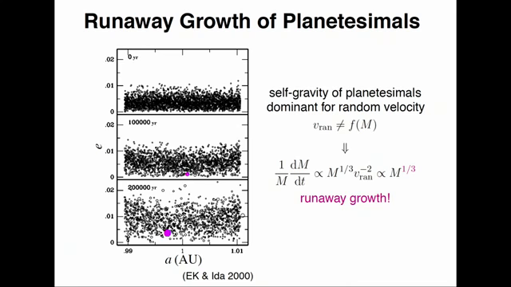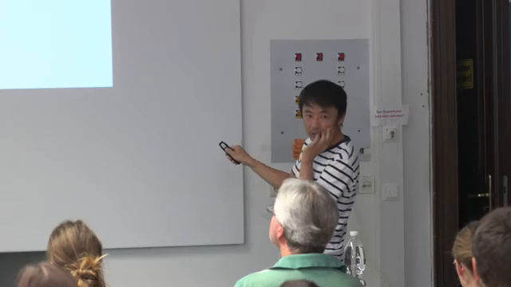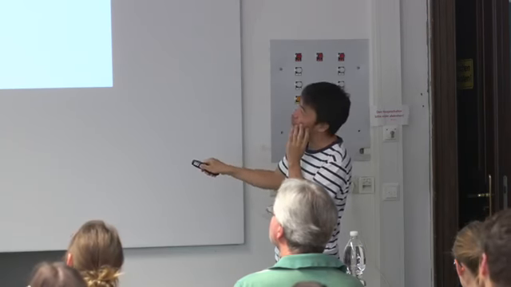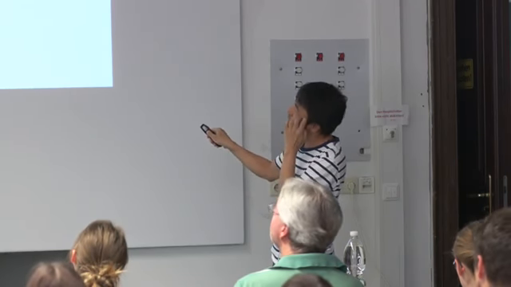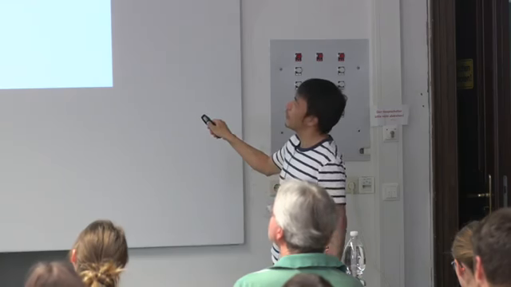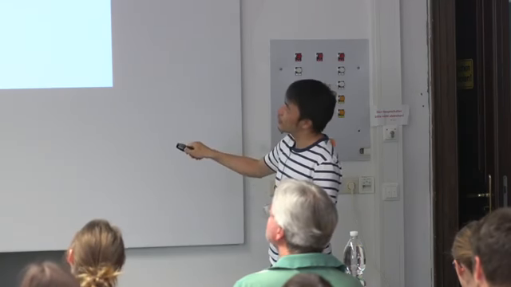So what's happening here is this. The random velocity of these small planetesimals is independent of the mass of this growing body. So V random is not a function of the large M, the mass of this one.